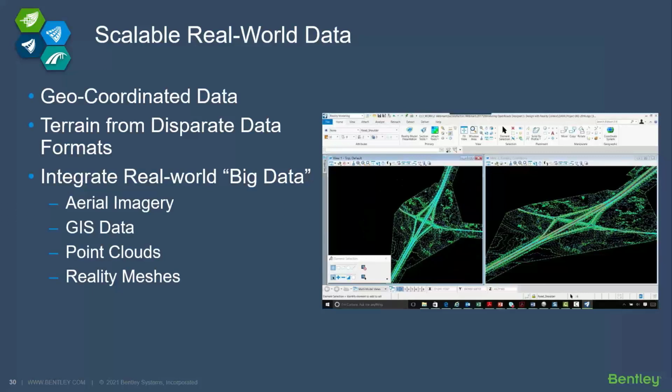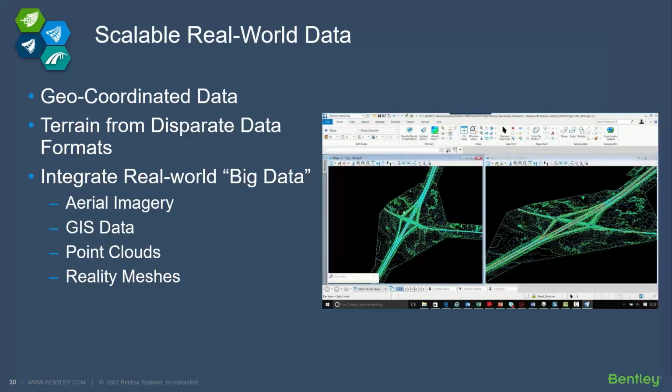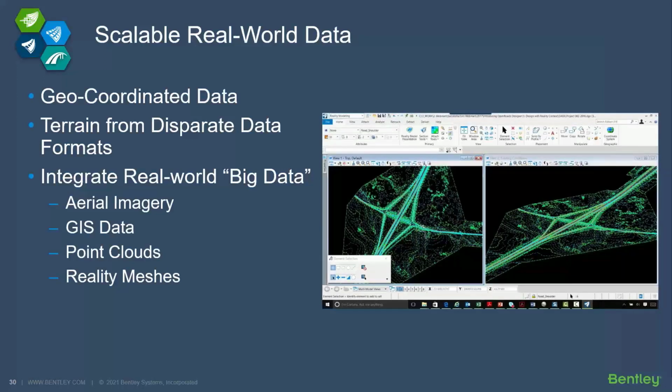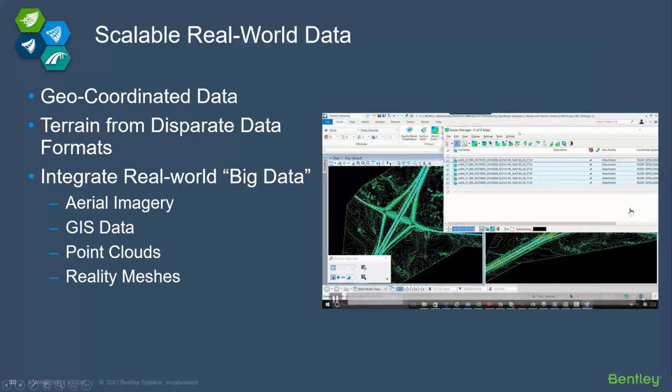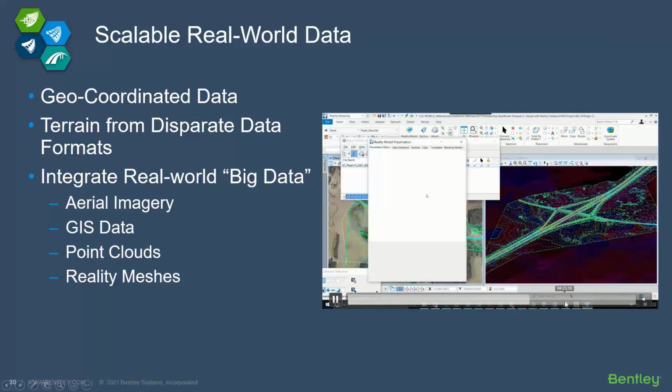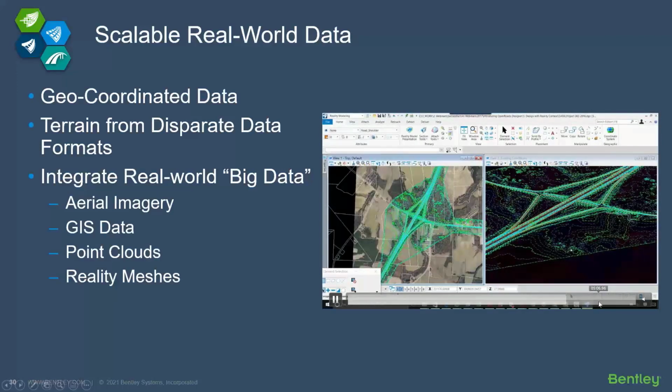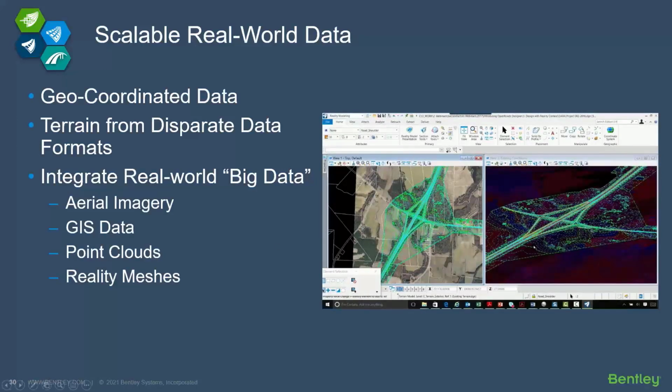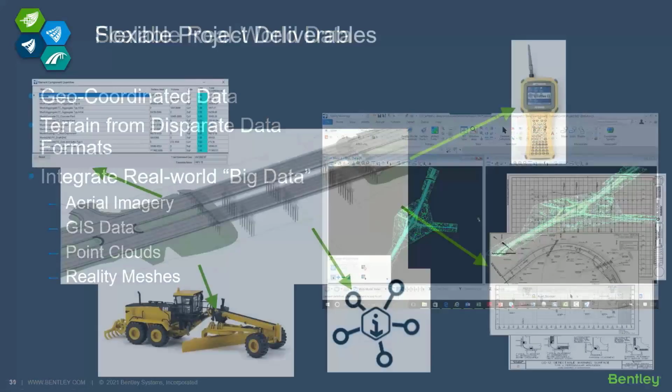So it is scalable because it can take in small sizes of data up to probably a city-wide, or depending on how large your country is, a countrywide size of data, all inside OpenRail Designer, which basically allows you to make sure that your project is geo-coordinated and in the right position or location on Earth.